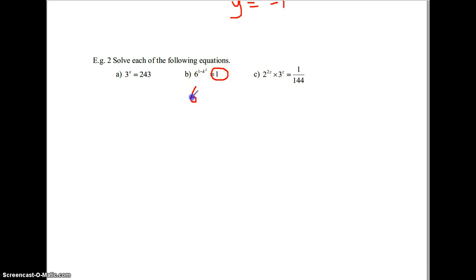So to start off this question, you will have 6 to the power of 1 minus k square is equal to 6 to the power of 0. Then from there you will equate the power to be equal, and then you find the value of k.